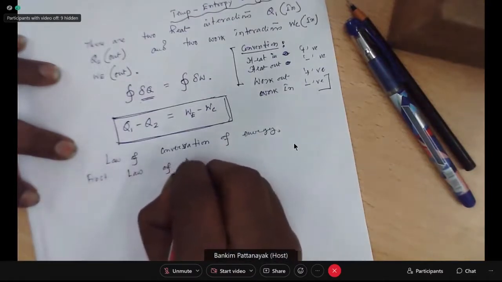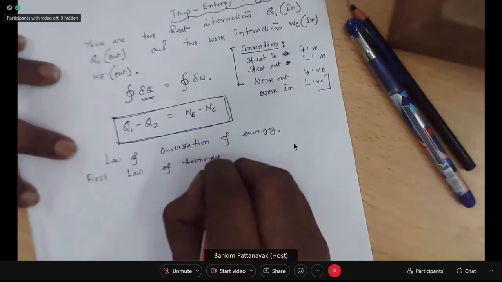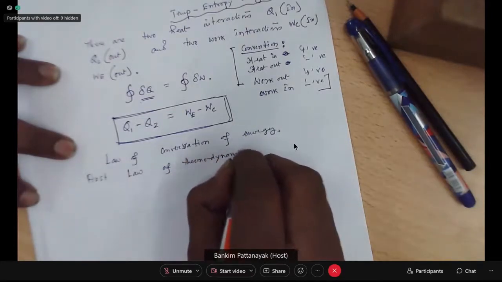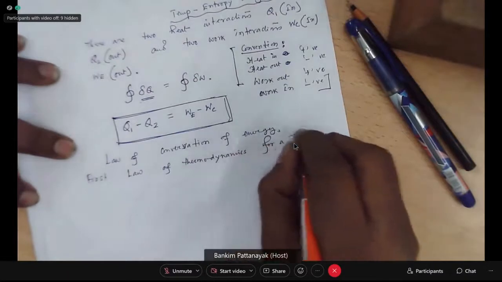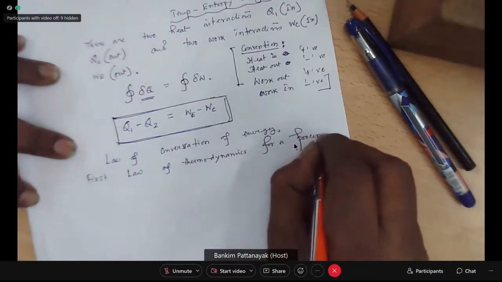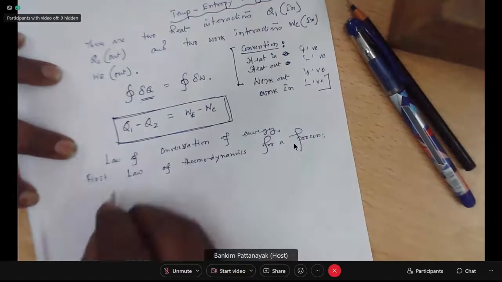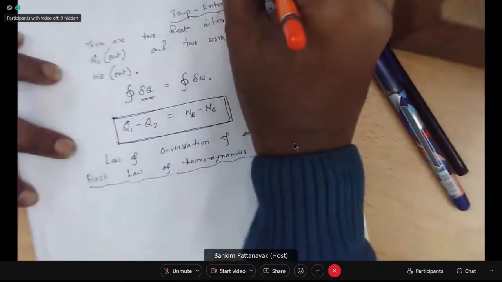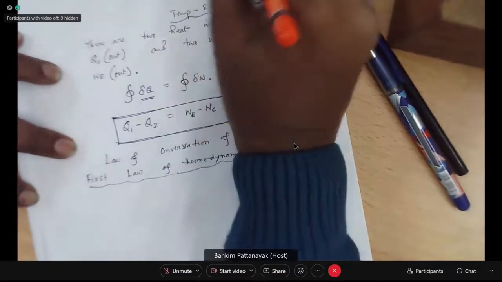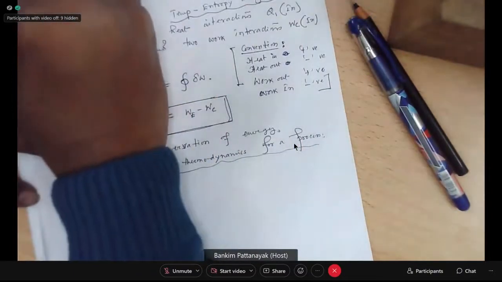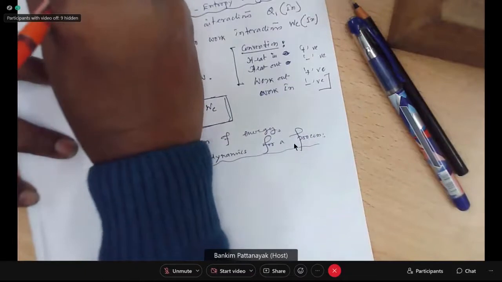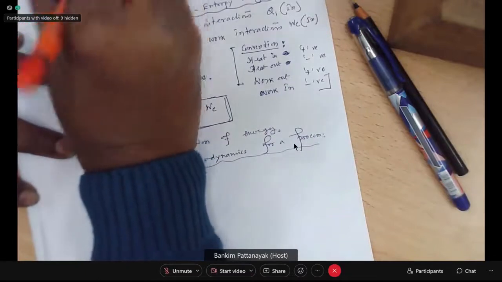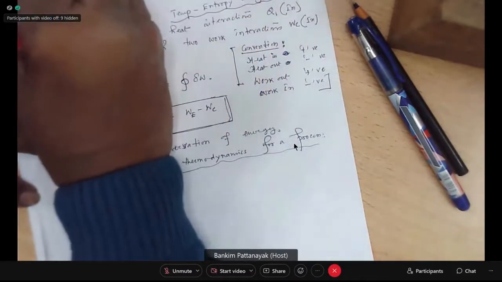First law of thermodynamics for a process. As I told you, for example, this is a process. 1 to 2 is a process. 2 to 3 is a process.